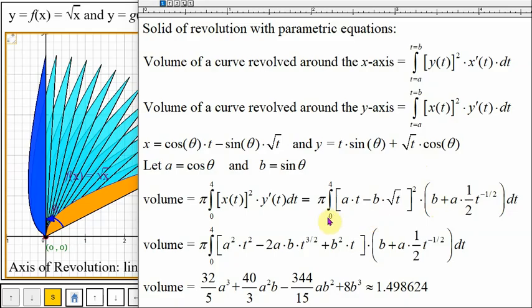Simplifying a little bit and multiplying this out, we get A squared t squared minus 2AB t to the 3/2 plus B squared t.